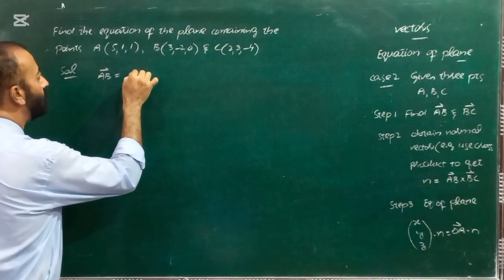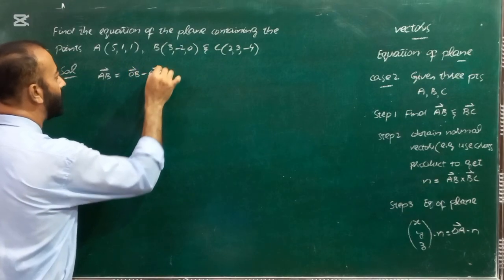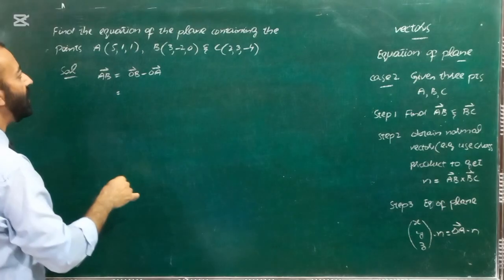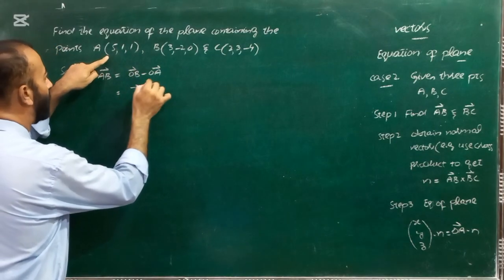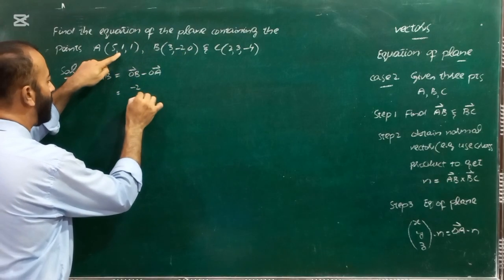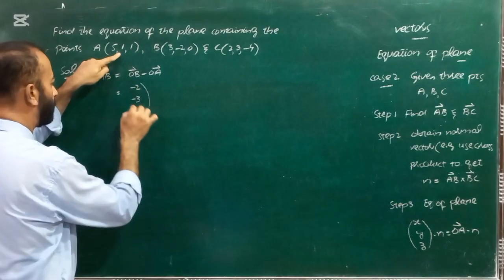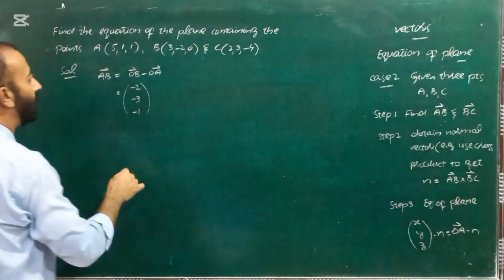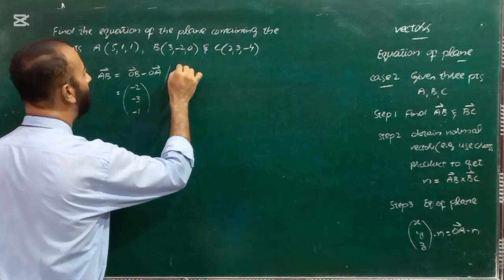That will be equal to OB vector minus OA vector. So that will be equal to 3 minus 5, minus 2 minus 1 will be minus 3, and 0 minus 1 will be minus 1. Then you will find the vector BC.